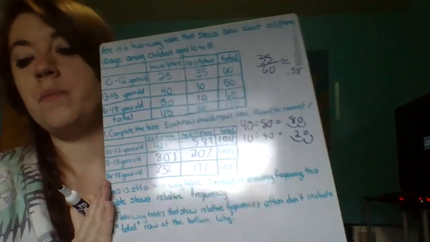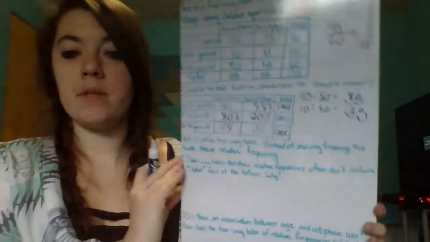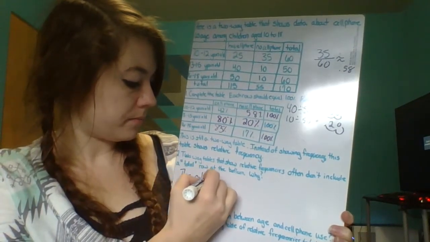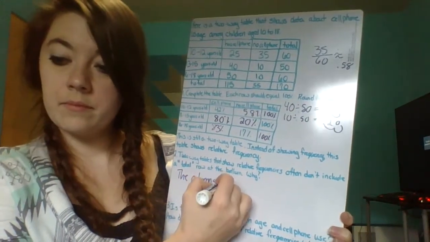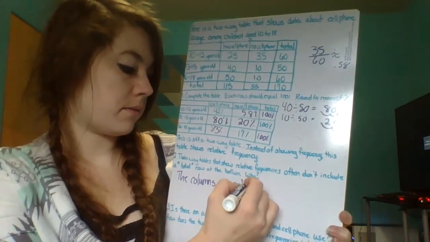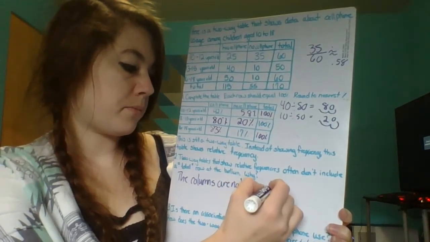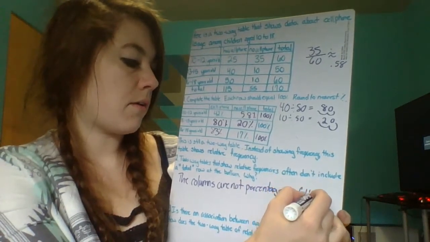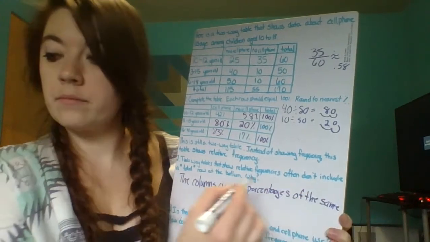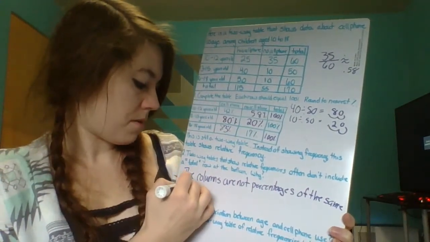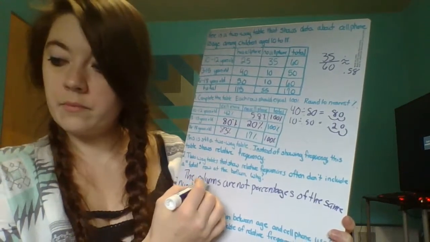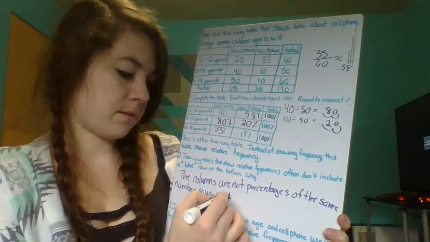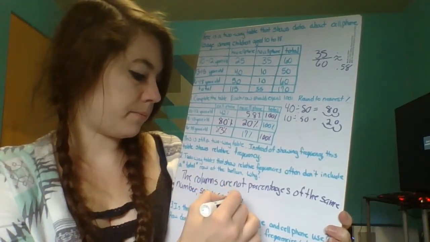The reason being, the columns are not percentages of the same number, so you can't add them.